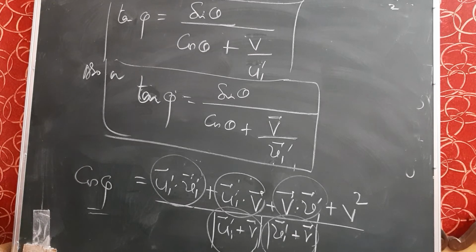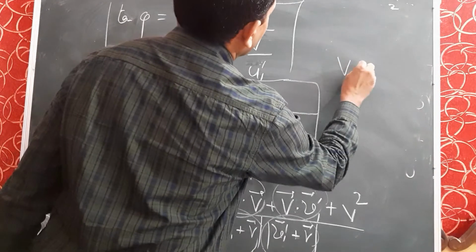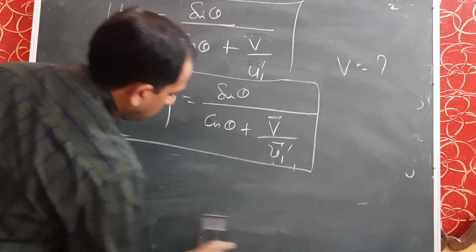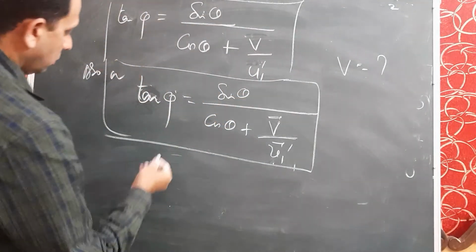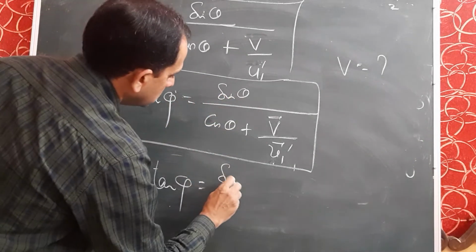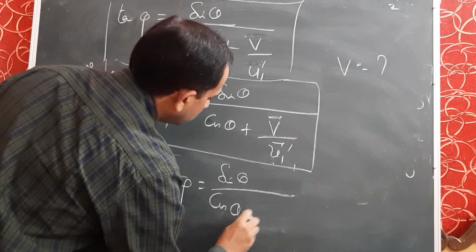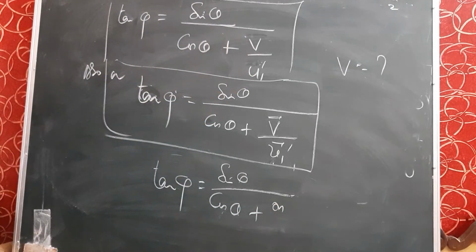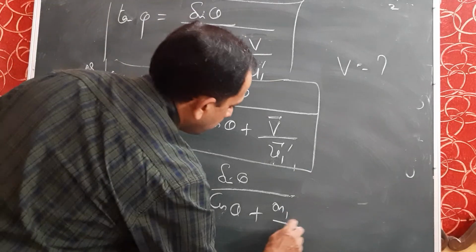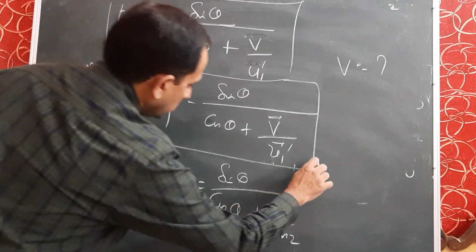Finally you get these results. If the masses are the same, or by putting the value of V, you may simply get the answer: tan phi is equal to sin theta over cos theta plus m1 upon m2. That's right.